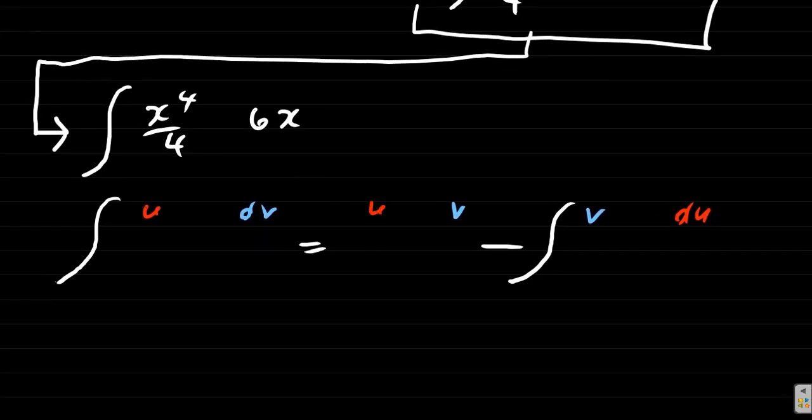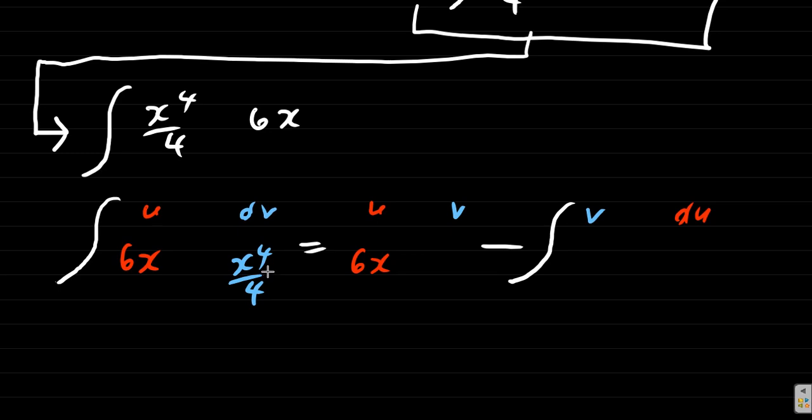so here u is 6x, so we have our 6x times dv. Our dv is x to the 4 over 4, equals u, which is 6x, times v. We want to move from dv to v, right?